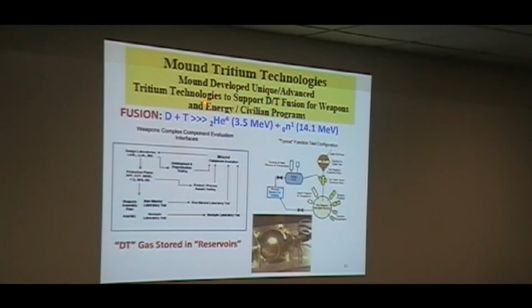It started in the mid-50s, and the reason is that deuterium and tritium will fuse together to form helium, with energy and a neutron. And this energy is used to make the fusion bomb, the so-called hydrogen bomb, as well as the neutron to enhance the yield of the fission bomb. And what Mound Laboratory had were research, development, and surveillance, where parts would come in.